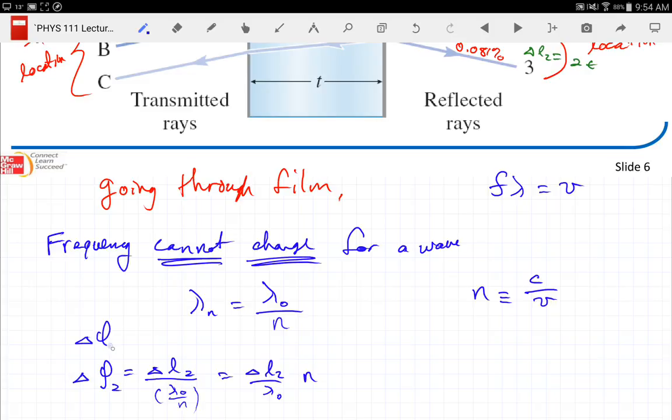The change in phase for the first one was just 0. And so now I'm going to have this light coming back together, and I have 2 different phases, 2 different amounts of wavelengths they've gone through. For constructive interference, how much wavelength change should I have?